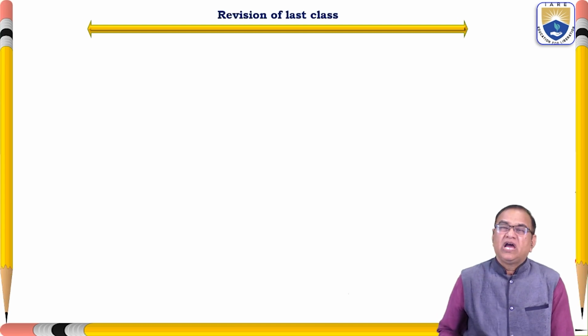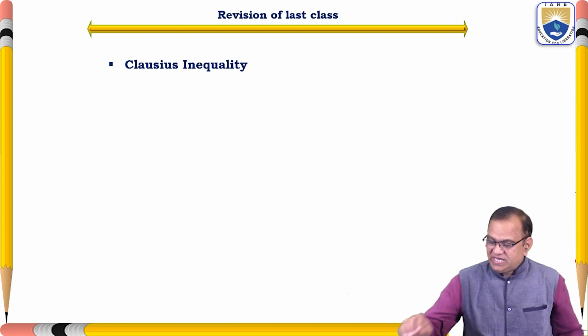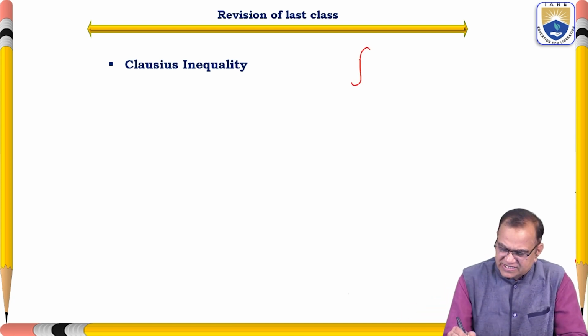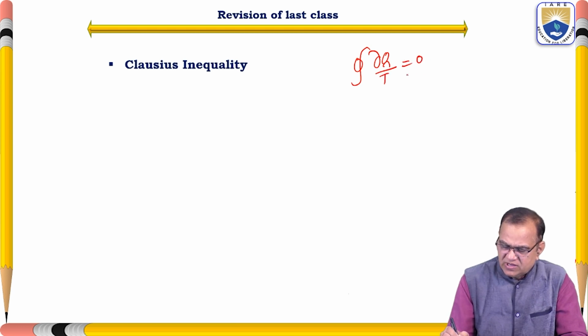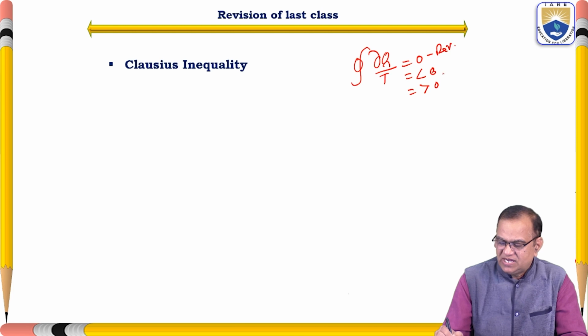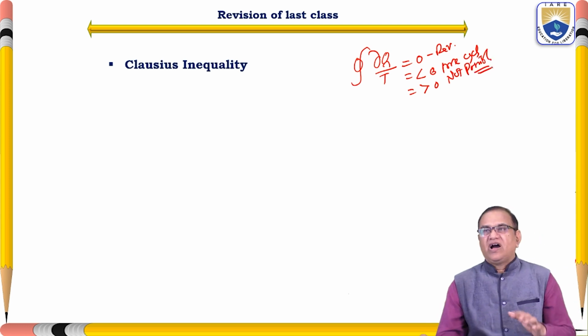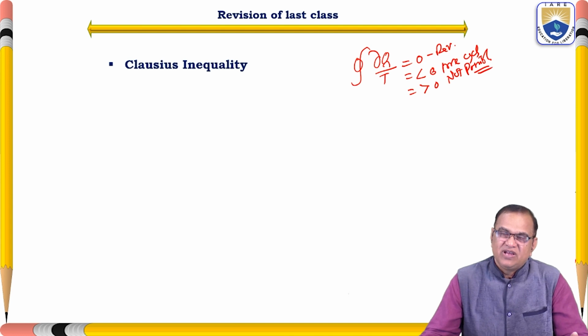In the last class we have seen the Clausius inequality. The cyclic integration of del Q by T is equal to 0, less than 0, and greater than 0. This is the reversible cycle, this is the irreversible cycle, and this is not possible. This we have already discussed in our previous class.